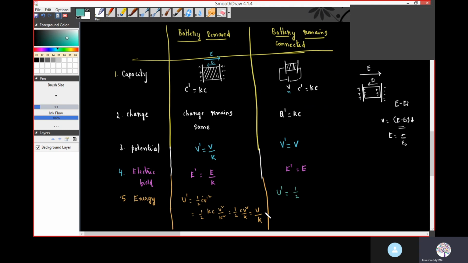Here V dash is V, so half into Kc into V square.